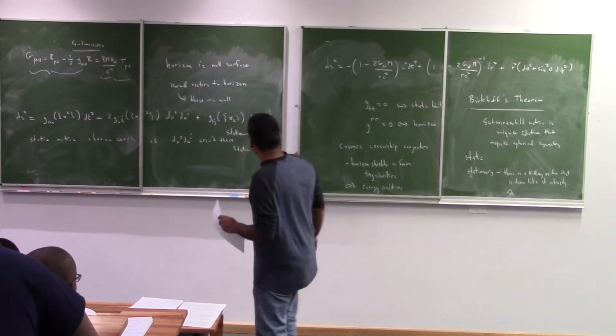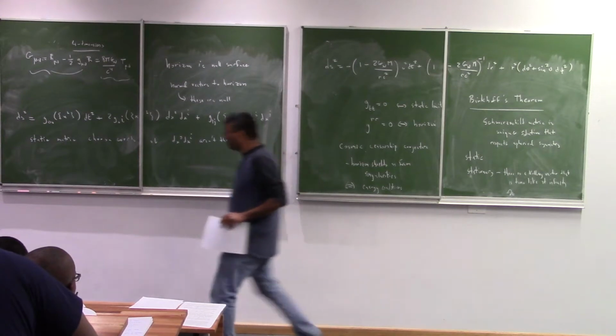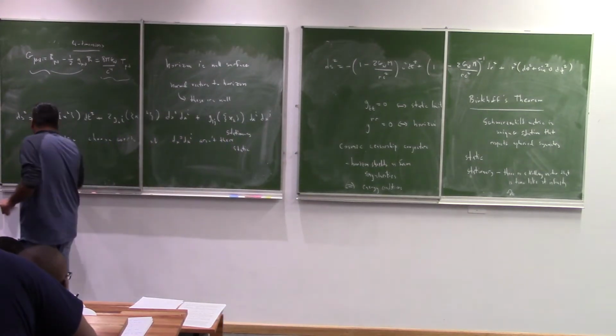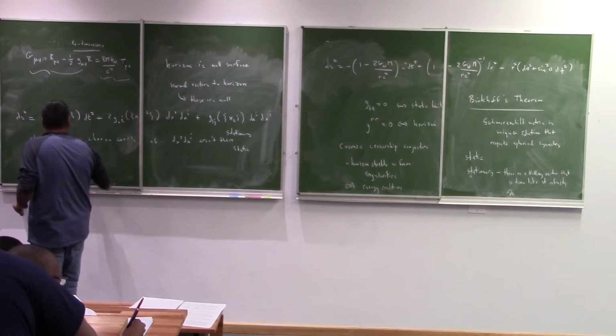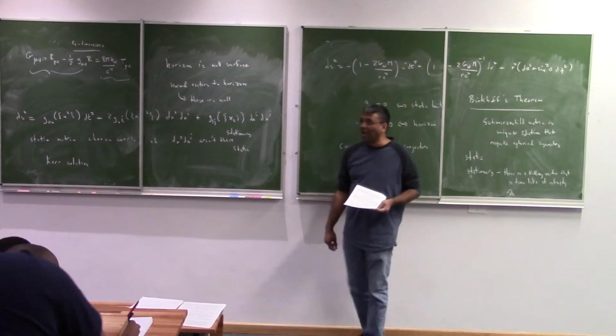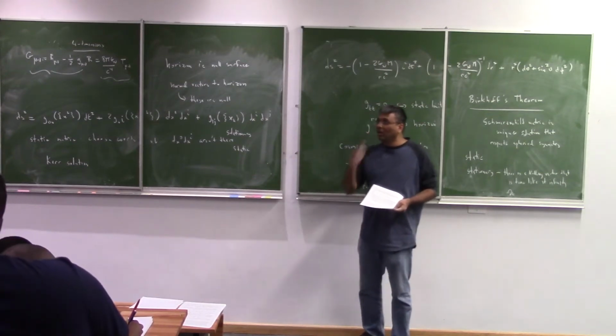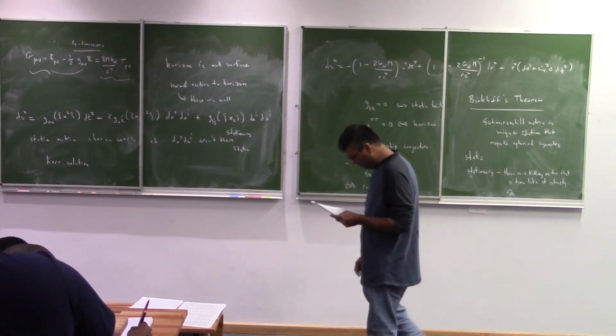So an example of a metric which is stationary but not static is the Kerr solution. The Kerr solution is a black hole with angular momentum, a black hole that's spinning on its axis. So we like to use infinity to define our concepts.